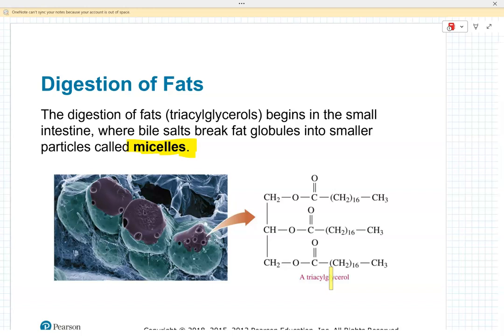You have grease or oil, whatever, in the skillet, and you pour some water, you try to wash it. What's going to happen? Are they going to mix? No. It's going to be like blobs of fat, right? Then you take your dish soap and add it there. Have you ever tried it? What's going to happen to fat? It's going to get solubilized because dish soap will break it into a gazillion little bits called micelles.